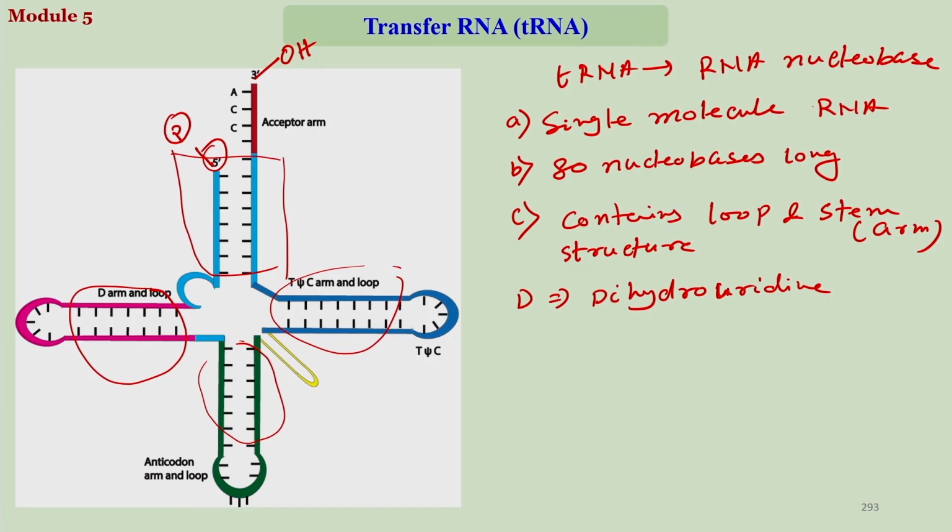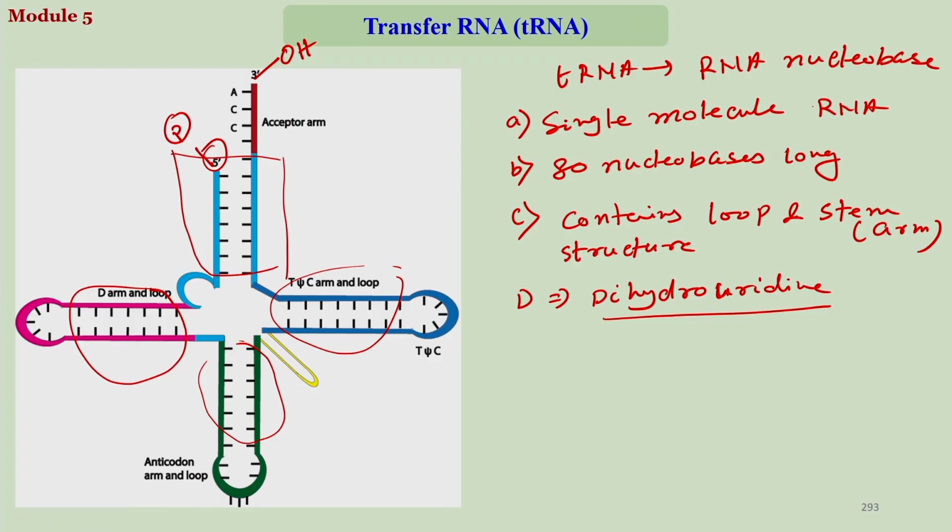In tRNA, we will see there are several modified nucleobases that are present. So, dihydrouridine is present instead of uracil or uridine. Dihydrouridine is present in multiple numbers in this region, not all of them of course, but several of them are present in this part of the structure. That is why the name is D arm and loop.